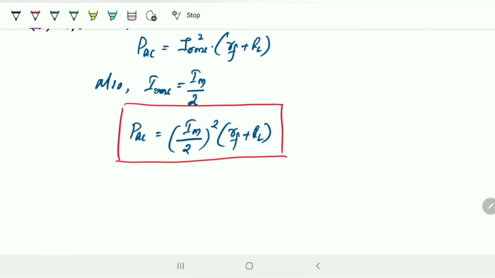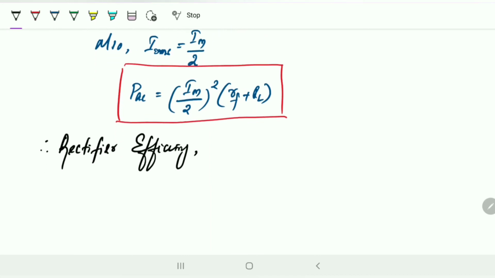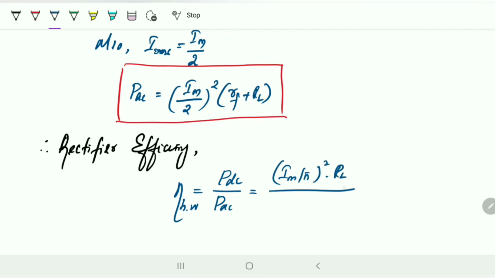Now finally we will find the rectifier efficiency, for the half wave, which is PDC divided by PAC. PDC is Im by pi the whole square into RL, divided by Im by 2 the whole square into RF plus RL.